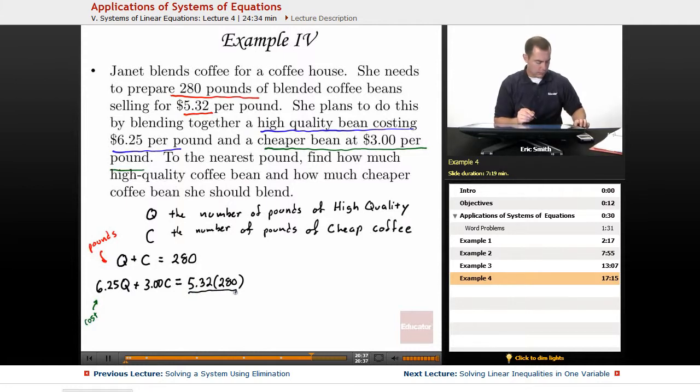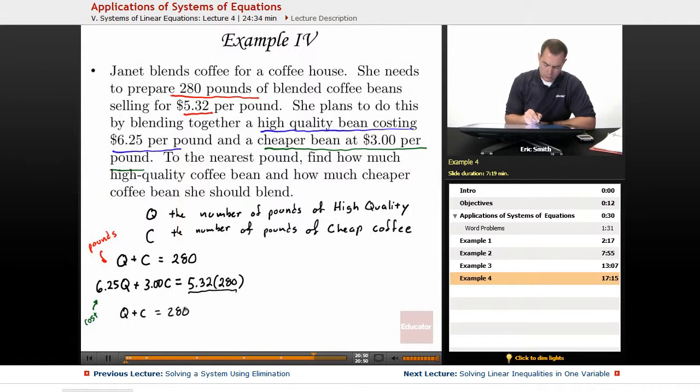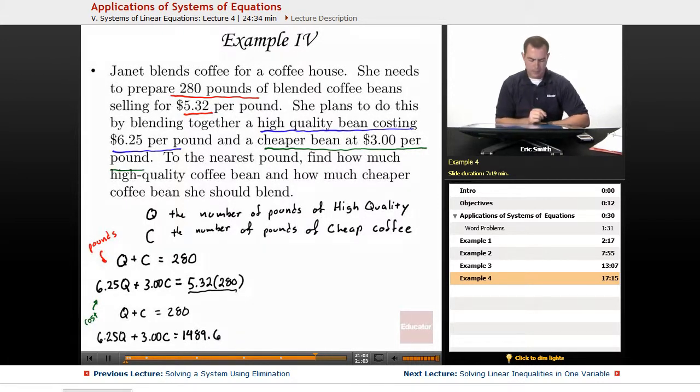So $5.32 times 280, giving me a new system that looks like this. 6.25Q plus $3C equals 1489.6.